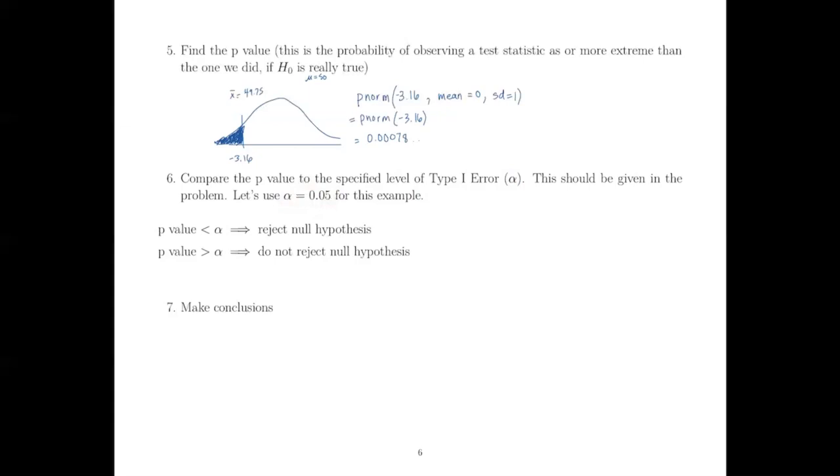This alpha is very similar to, or related to, the confidence. So if alpha is equal to 0.05, that means that our confidence is 1 minus that. So in this case, it would be 95% confidence. Very similar to what we talked about when we did confidence intervals.